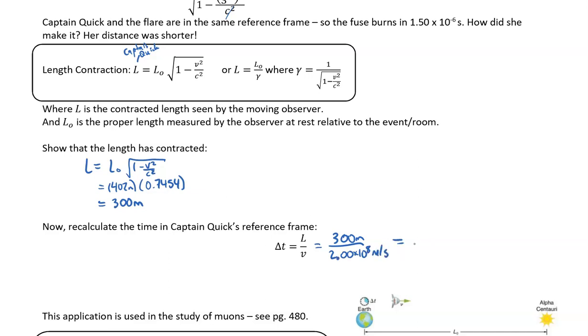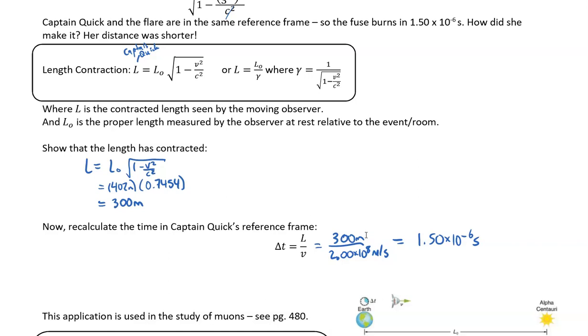Then we get her time to be 1.50 times 10 to the negative 6 seconds, which is what we had calculated using the time dilation formula before. So if we account for the shortened length, we can use classical calculations to find the time. But in one way or another, either we have to account for the time dilation or we have to account for the shortened length.